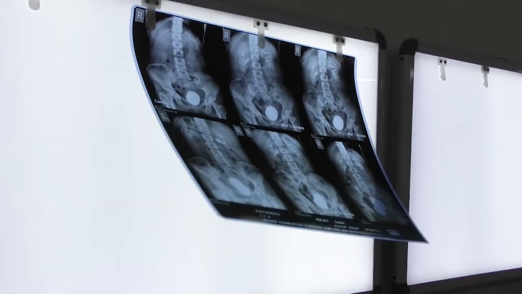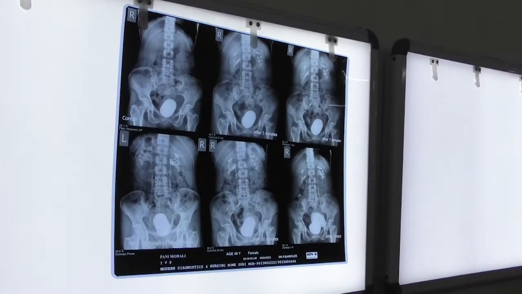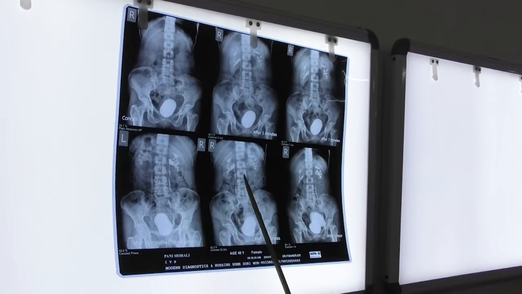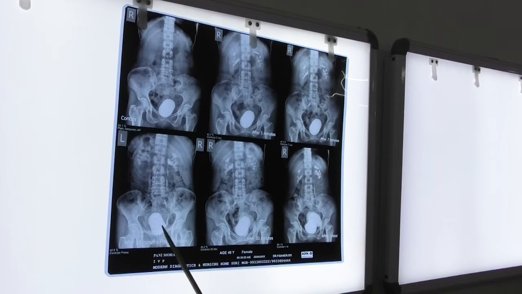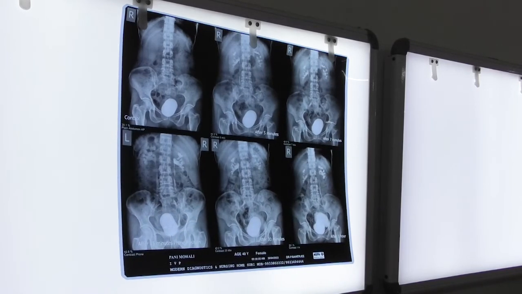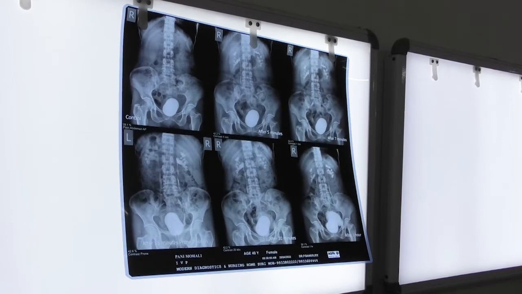What is the ureter? It transmits the urine from the kidney to the urinary bladder. What is the blood supply of the ureter?